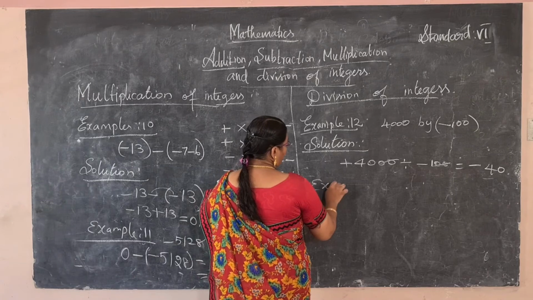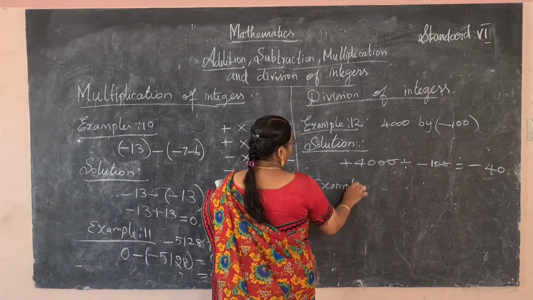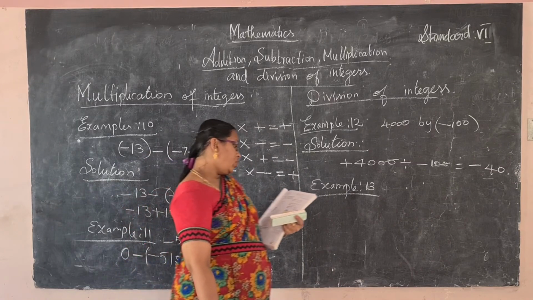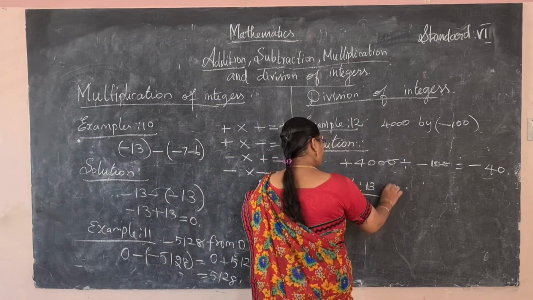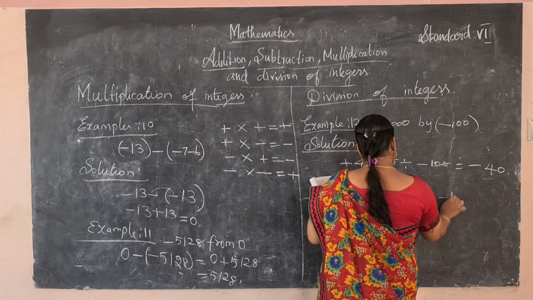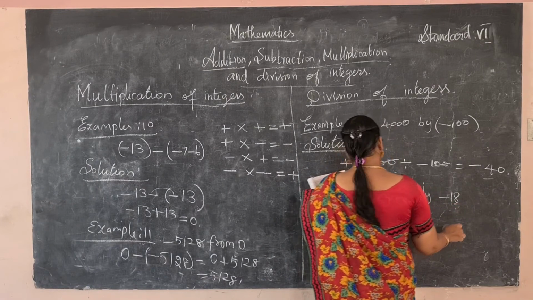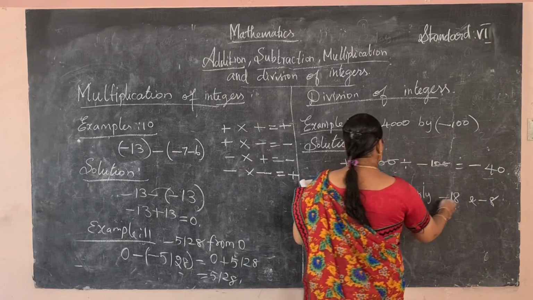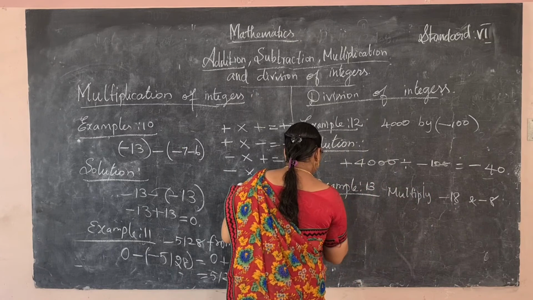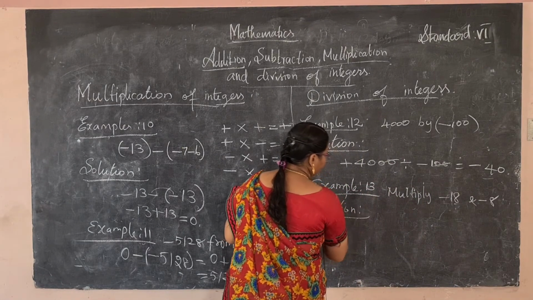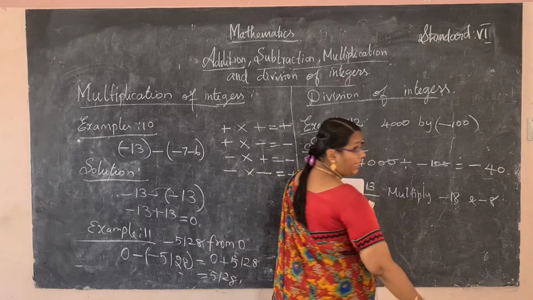And next one, example 13. Multiply minus 18 and minus 8. So solution, both are negative numbers.